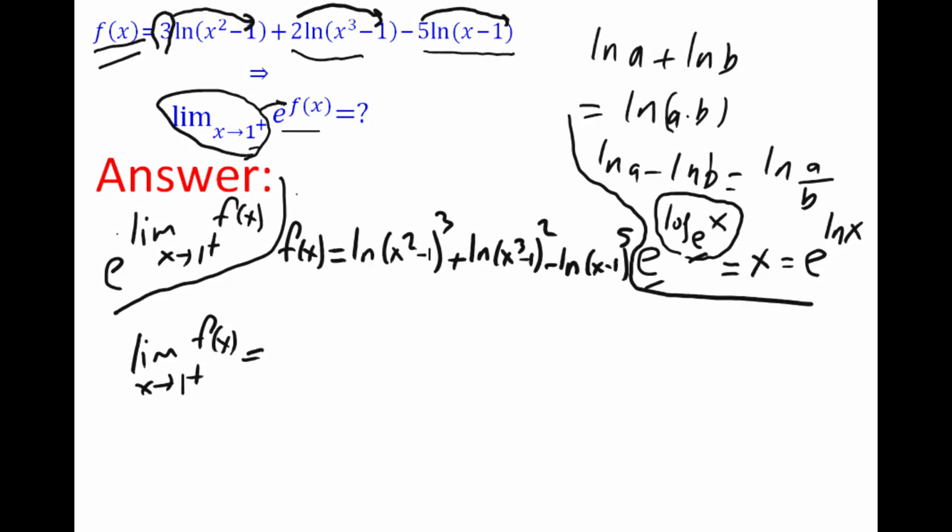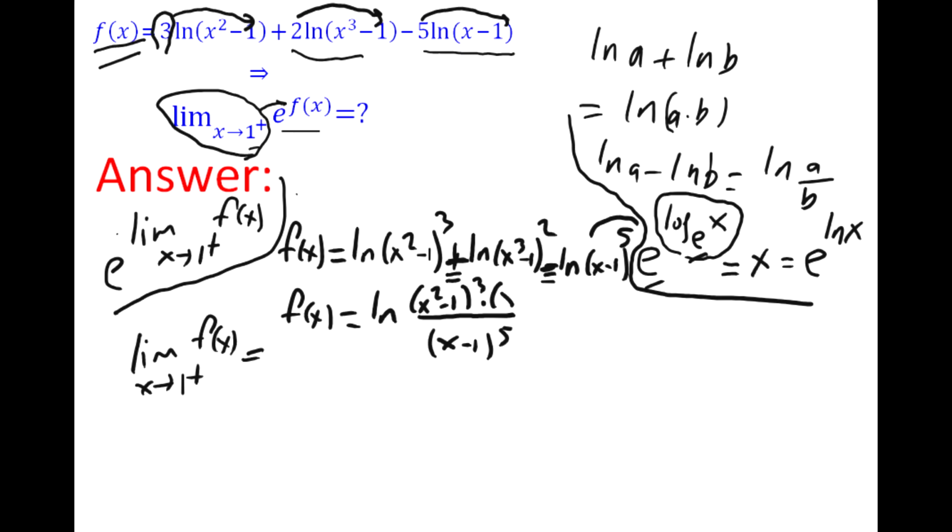So because of this plus and this minus, we can write the whole term as f of x equal to ln of a fraction. The x minus 1 to the power of 5 comes as a denominator because of this negative, and because of this plus, I can write (x squared minus 1) to the power of 3 times (x cubed minus 1) to the power of 2, guys.